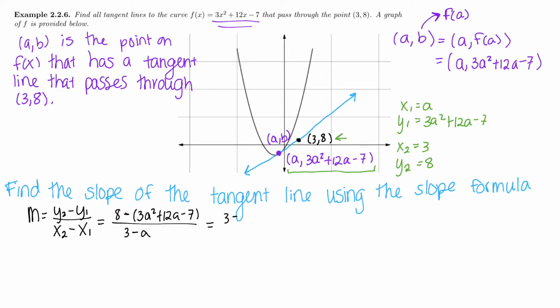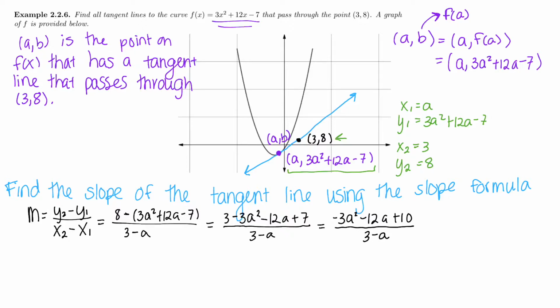So distribute the negative: negative 3a squared minus 12a plus 7, over 3 minus a, and then we can just combine. So minus 12a, 3 plus 7 is 10, over 3 minus a.